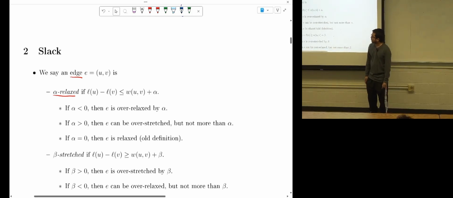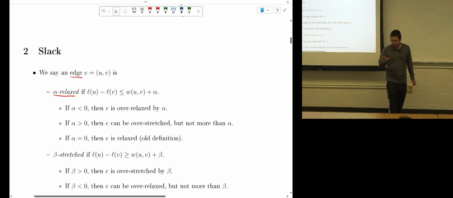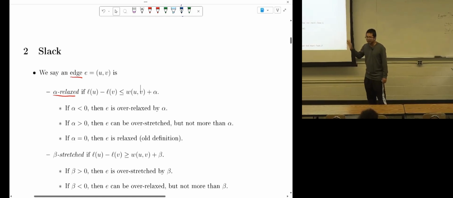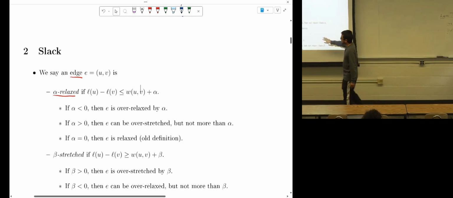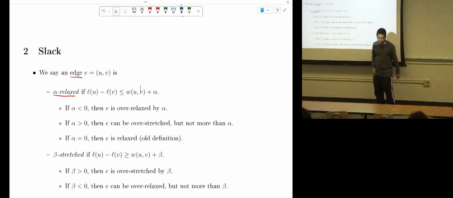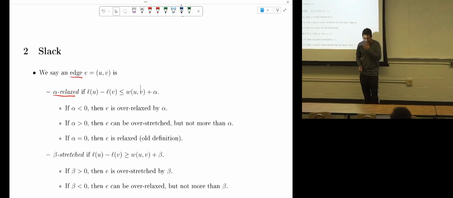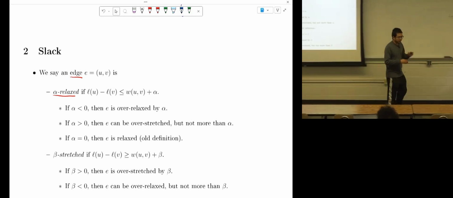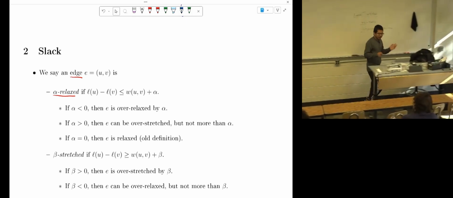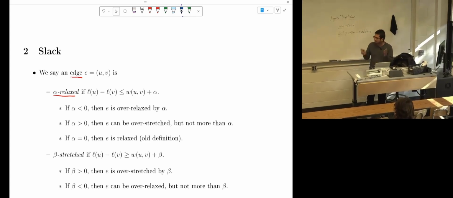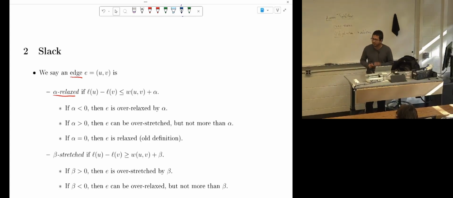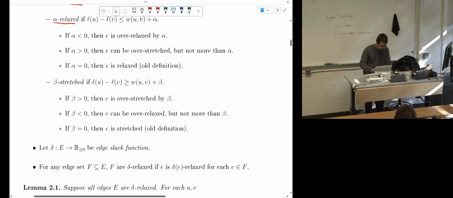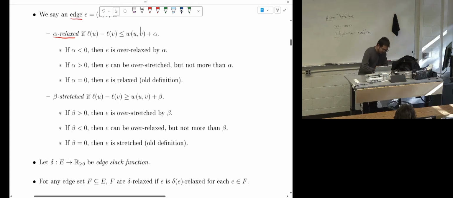So I basically updated the notion from multiplicative stretch or relax to an additive one, and it will improve the bound a bit. This is a review of old stuff, but improving things along the way.